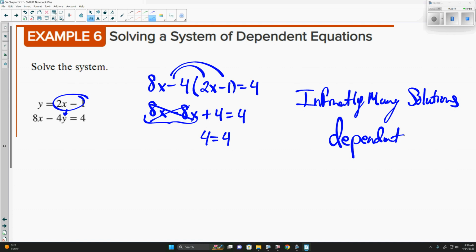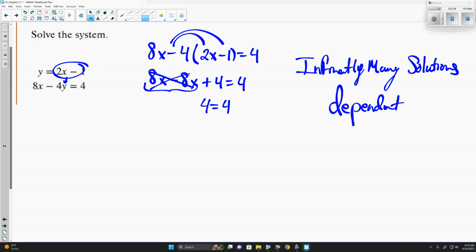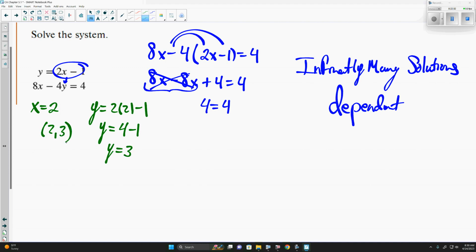And if we wanted to, I don't think it'll ask this, but if we wanted to, we could find solutions that work. So I could say x is equal to 2 and plug it in. 2 times 2 minus 1. 2 times 2 is 4. 4 minus 1 is 3. So the point (2, 3) is technically a solution.